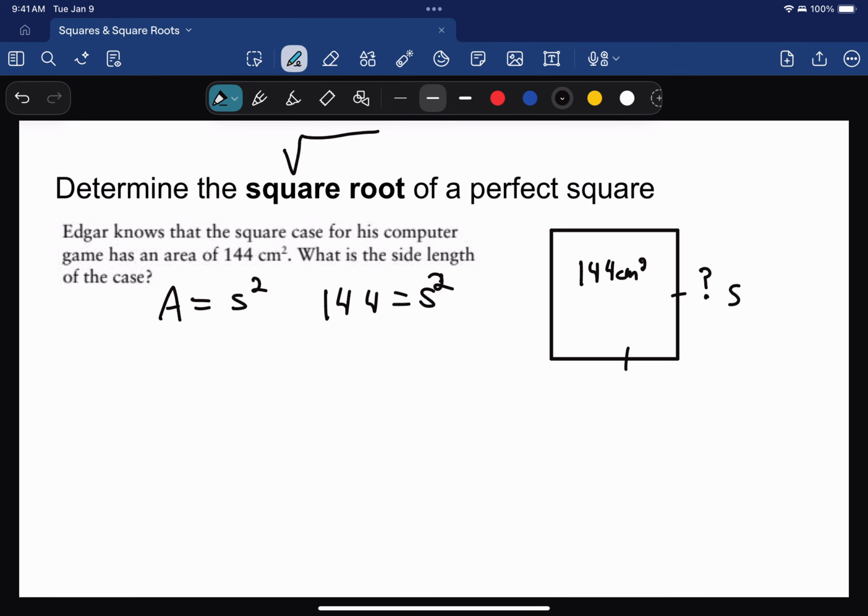Now, if we were to find the square root of 144, this would give us S, okay? So this is how we would write it. Square root of 144 equals S. And now in this case, if we know our multiplication tables, we might be able to figure this out quite quickly. But if not, I'm going to show you a way that you can figure this out if you don't know your multiplication tables too well.